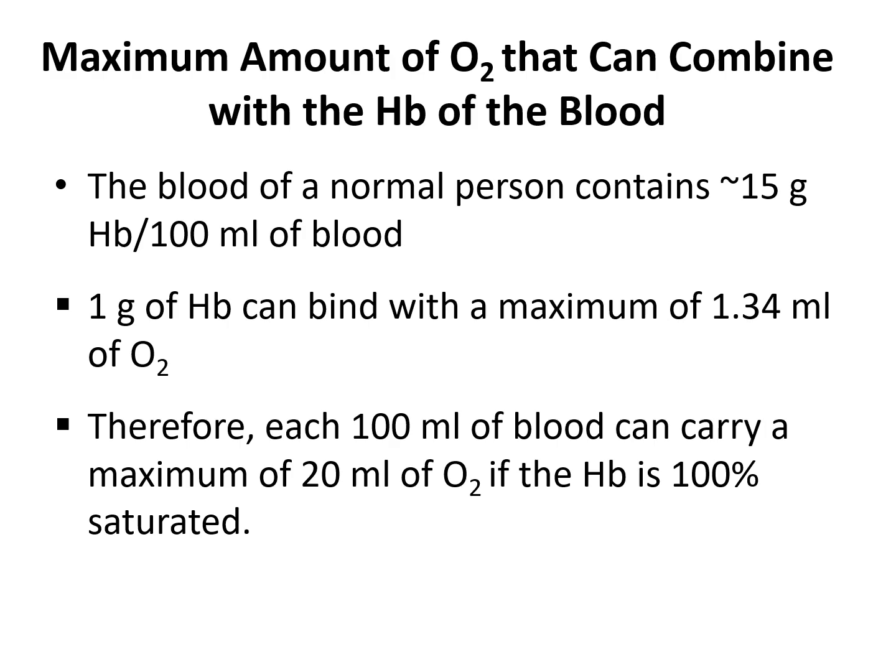So if the hemoglobin is 100% saturated, how much oxygen is it carrying? Every 100 milliliters of blood, which has 15 grams, will carry a maximum of 20 milliliters of oxygen.